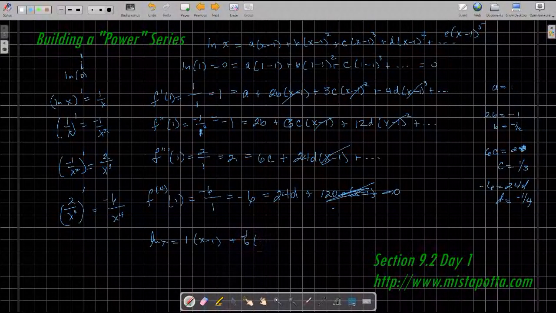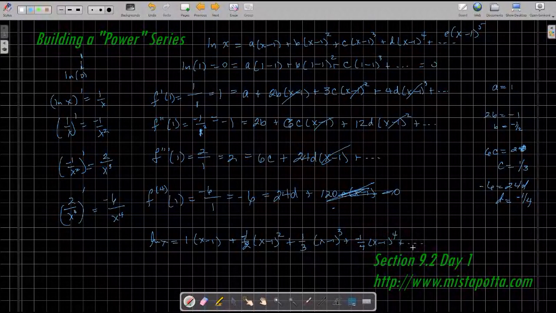Well, that's negative 1/2 x minus 1 squared, plus c times x minus 1 cubed, so that's 1/3 x minus 1 cubed, plus d times x minus 1 to the fourth, so that'd be negative 1/4 x minus 1 to the fourth.